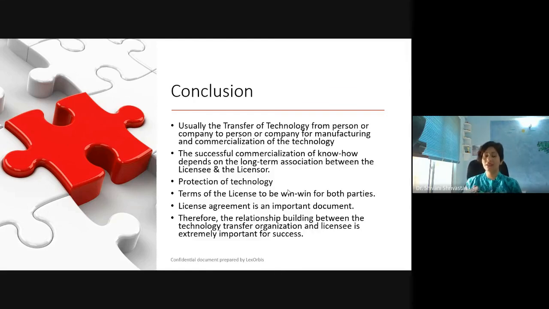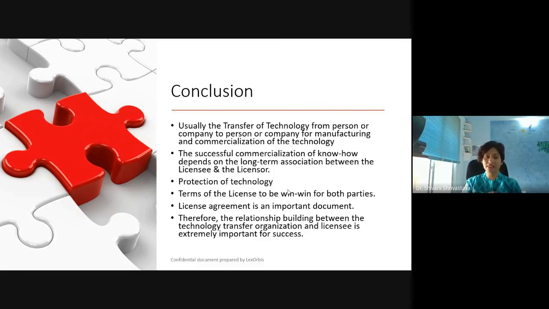That's why the terms of the license should be win-win for both parties. Both parties should be satisfied with them. The protection of technology is very important before the negotiation or before disclosing the technology.